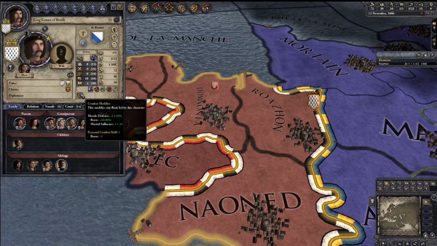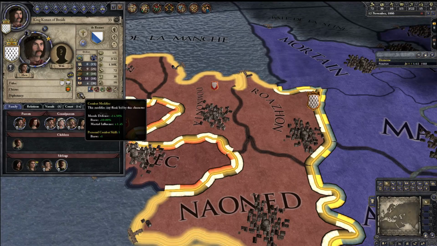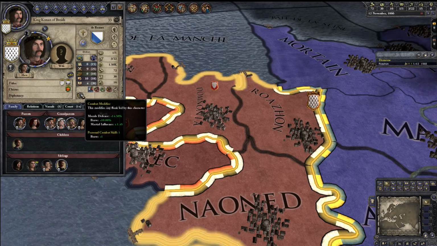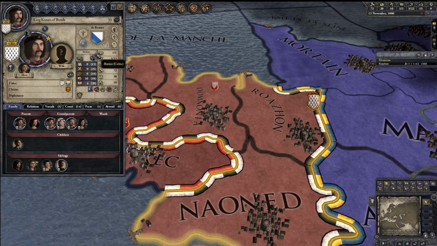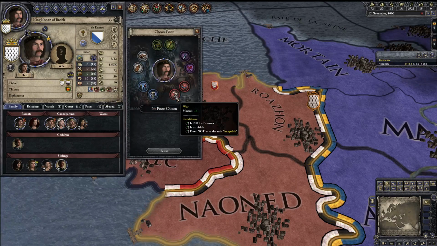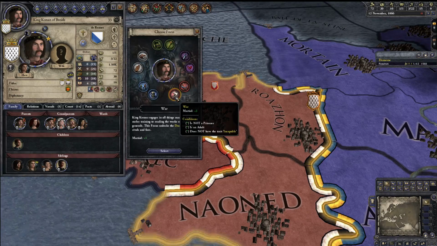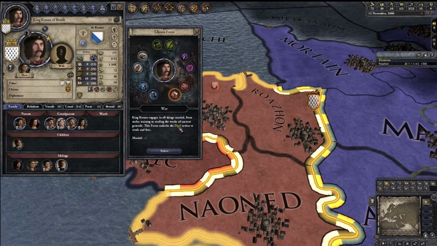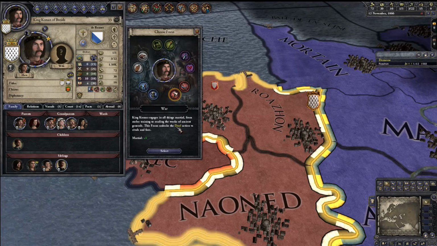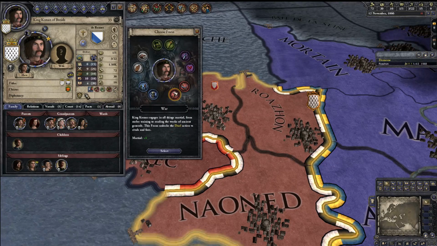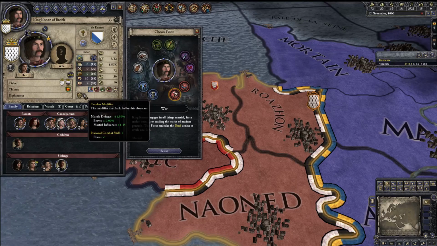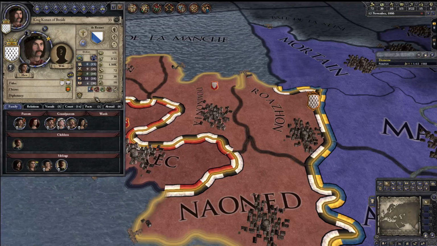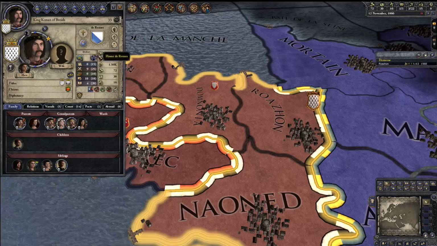The percentages there: morale, defense, brave, martial influence. The personal combat skills down below has to do with bravery, because if you are war focused, you can duel people, and you have a higher chance of winning if your personal combat skill is higher than theirs. Alright, so that's all of those.